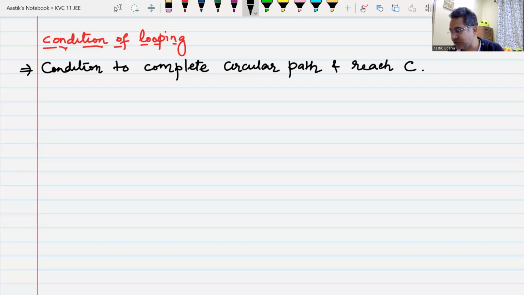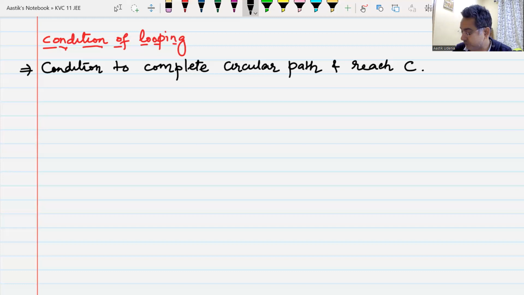What condition should I put so that this bob or ball attached to this string can go from point A and reach the highest point C?